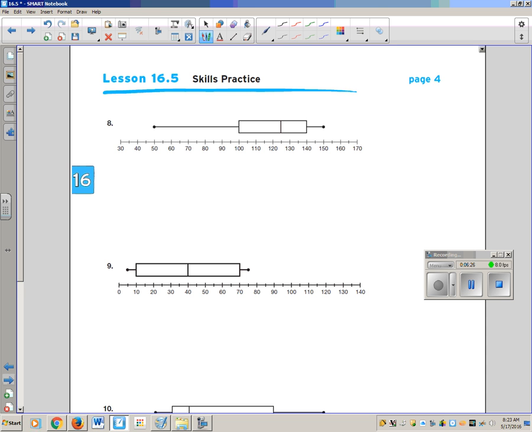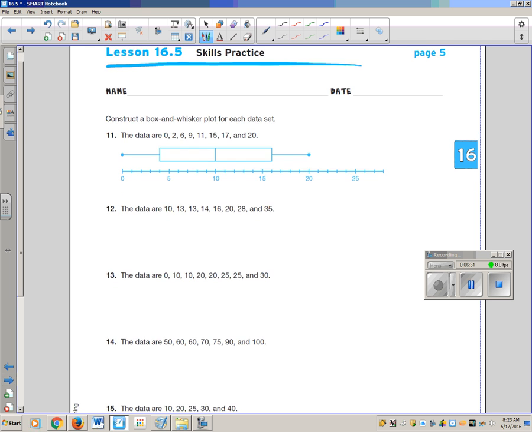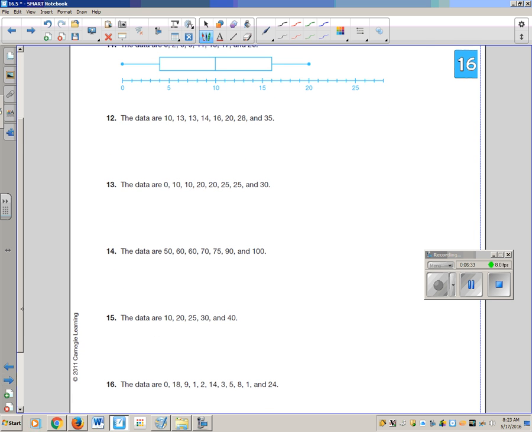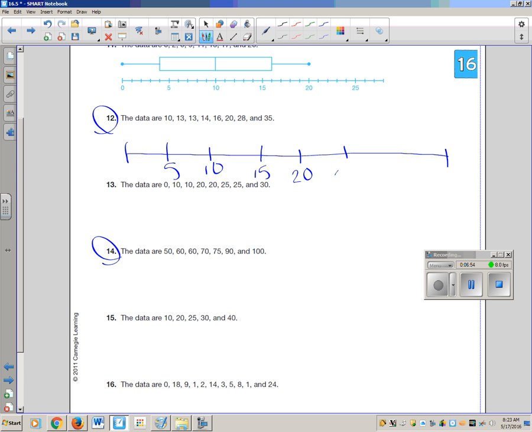And then for the next one, it's pretty much the same, just you're making the box and whisker this time. So you want to draw a big line like this, and then you want to label it. I labeled mine by 5s, just to make it easier: 5, 10, 15, 20, 25, 30, 35.